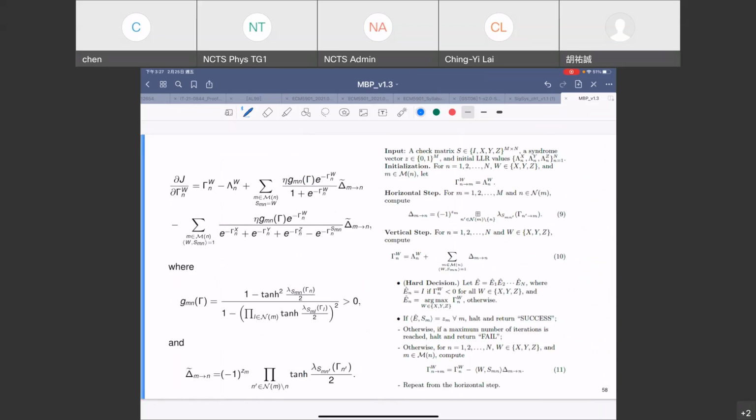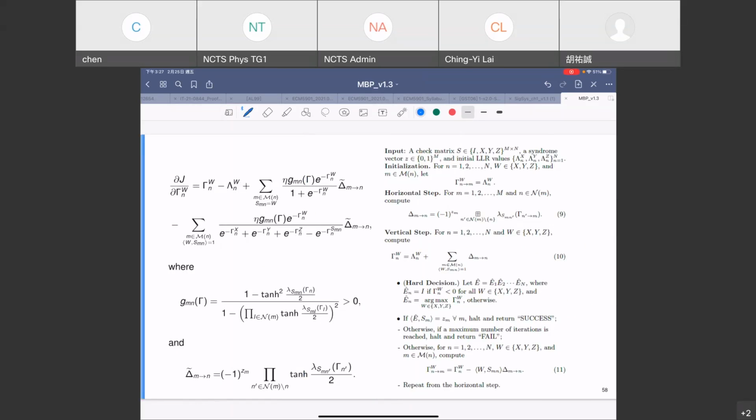like this one here. There are some parameters, and this is the direction of a message, and this is the size of the message. You can think this is a step size, and this is the direction of the gradient descent.